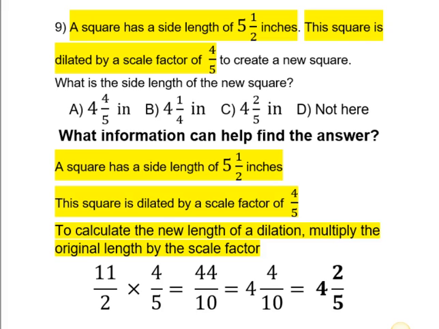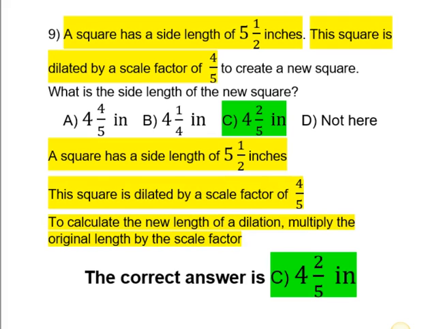We're going to change it back, and our answer is 4 4/10, which is equal to 4 2/5 when we simplify our fraction. So our correct answer is C, 4 2/5 inches. This is the side length of the new square when we dilate by the scale factor of 4/5. Let's move to question number 10.